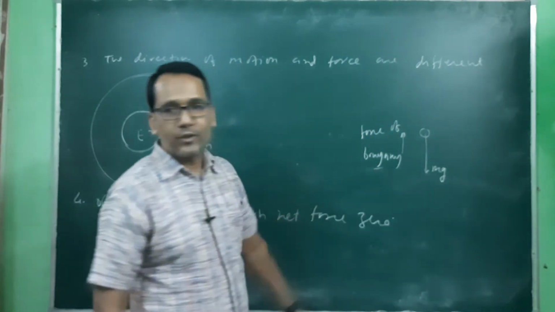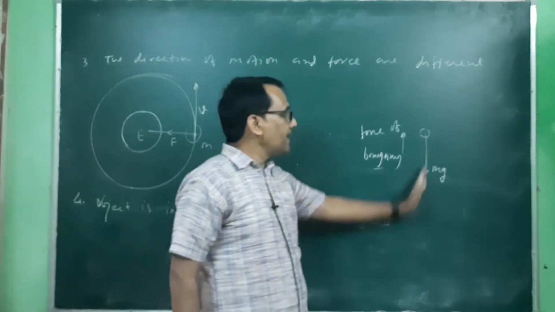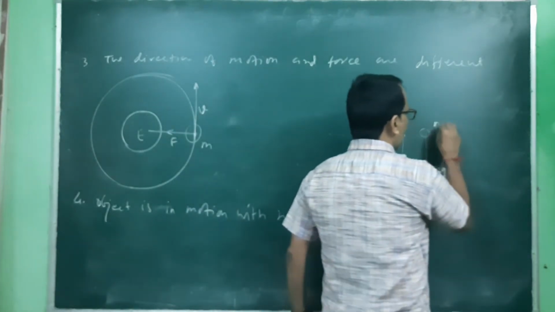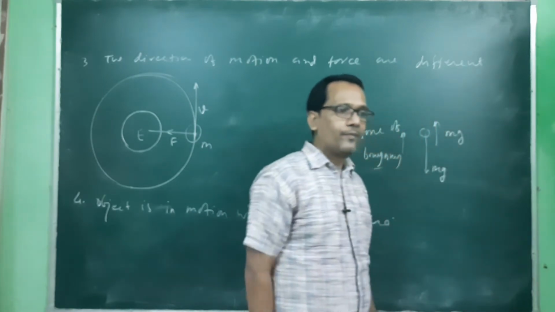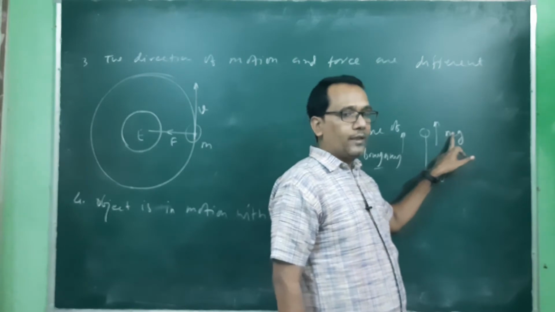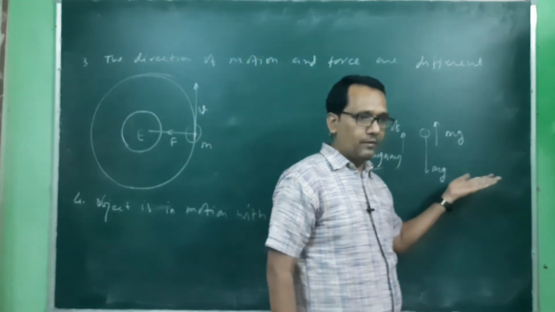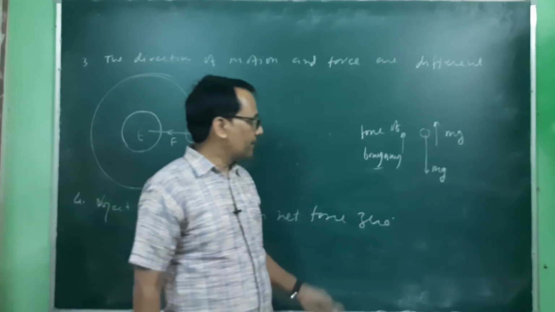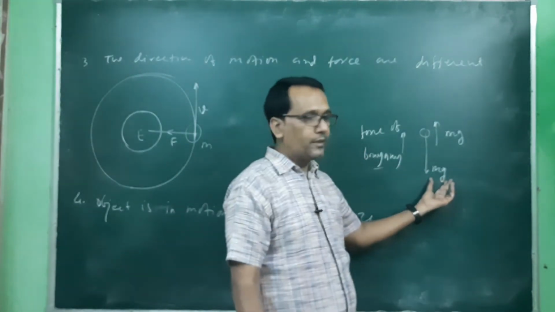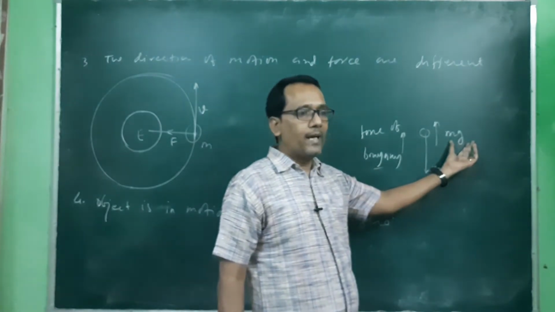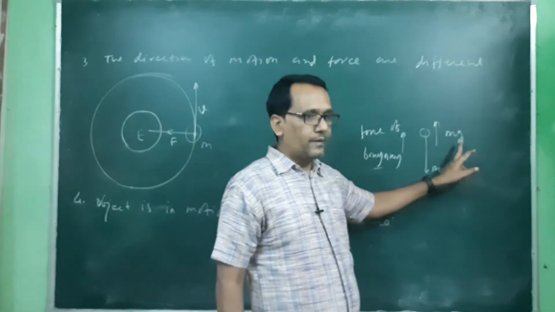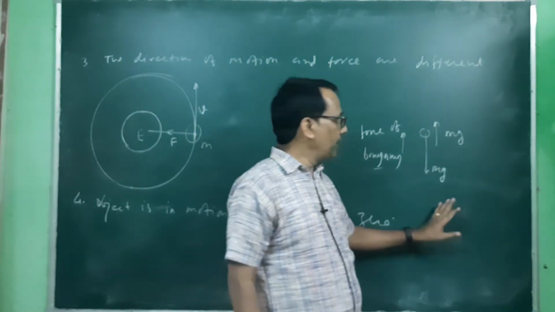The force of buoyancy works against gravity. So the force of buoyancy is equal to this mg, and this m is calculated by using the density of air. We will detail this in further chapters regarding force of buoyancy. This mg is the force due to our earth, and this is the force due to buoyancy. So this is balanced. Both are identical. So the net force is 0.